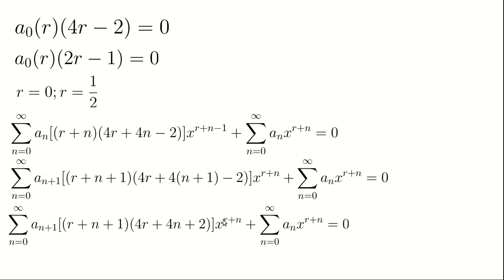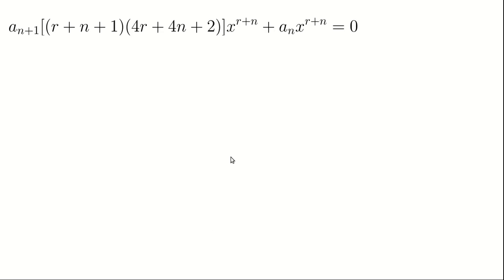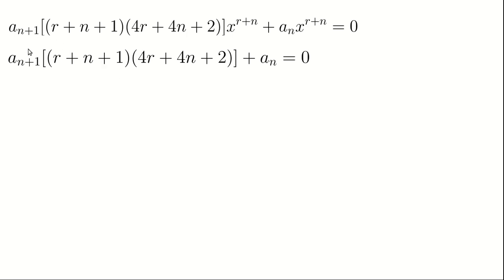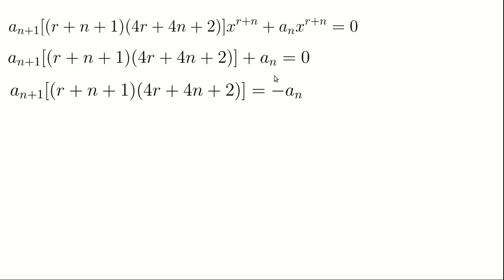Then we can easily factorize these 2 out. We took care of the summation sign first, then this and this we can factorize and send to 0. Then we are left with this part plus this part. When you factorize, you take care of it. So from here we can send this one to the other side, and that gives us this.